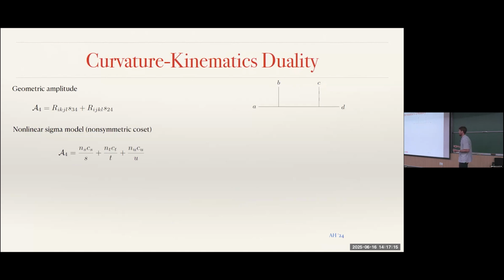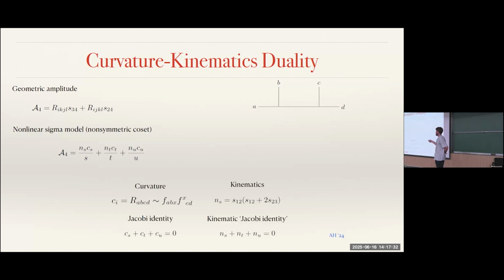Well, if we look back at our amplitude at 4 points, it was kinematics and curvature. So we can keep this CK duality, but replace color by curvature. And we can ask the same question: can we find a form of the amplitude where the kinematics mirrors the properties of the curvature?